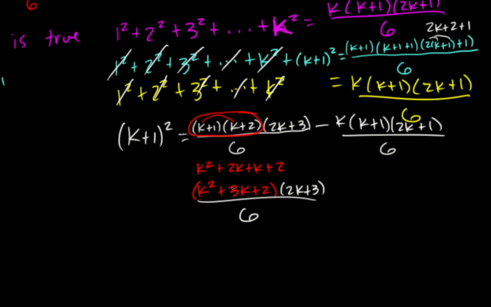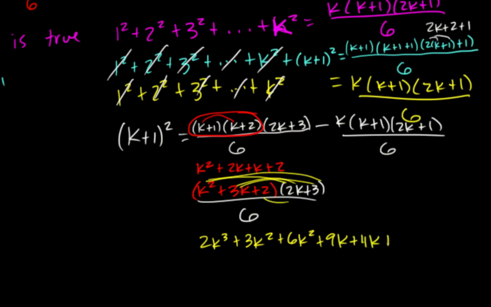Okay, now I'm going to multiply this out. So that's 2k cubed plus 3k squared plus 6k squared plus 9k plus 4k plus 6.